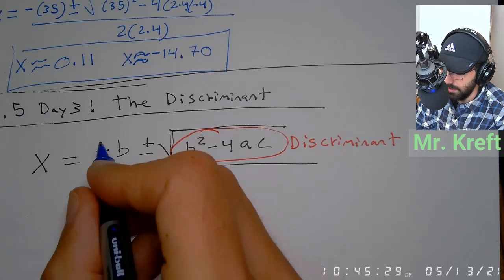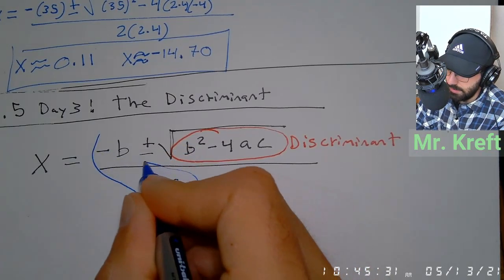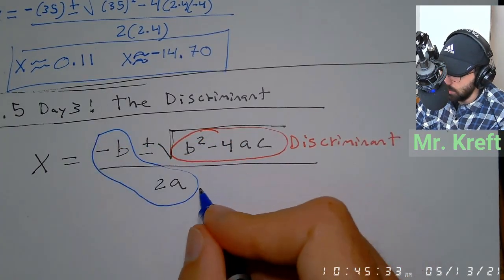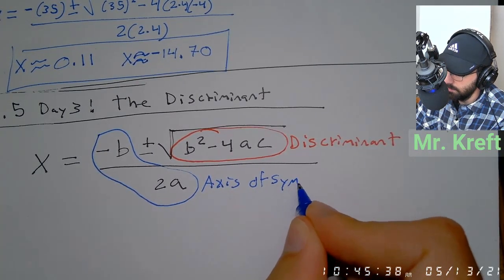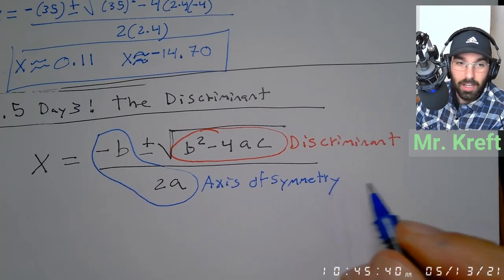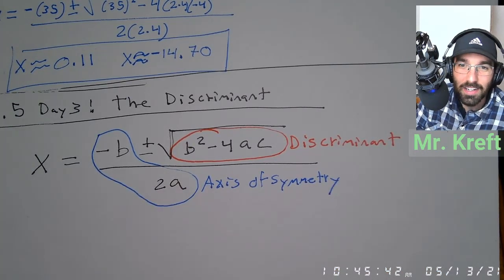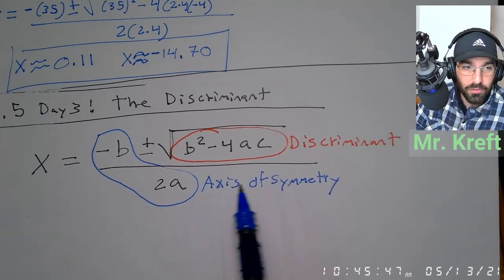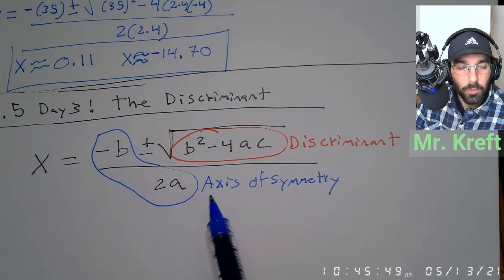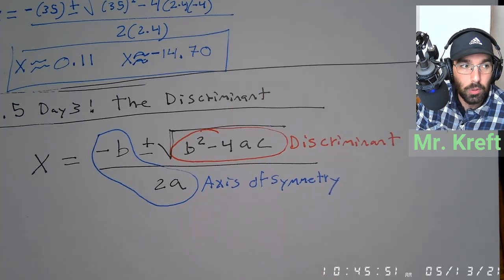Now, another thing here is that this actually tells you the axis of symmetry. Because I never want to lie to you guys or leave things out, the axis of symmetry is really important when we want to graph a quadratic. You're going to learn about that in Algebra 2 when you're doing more graphing.